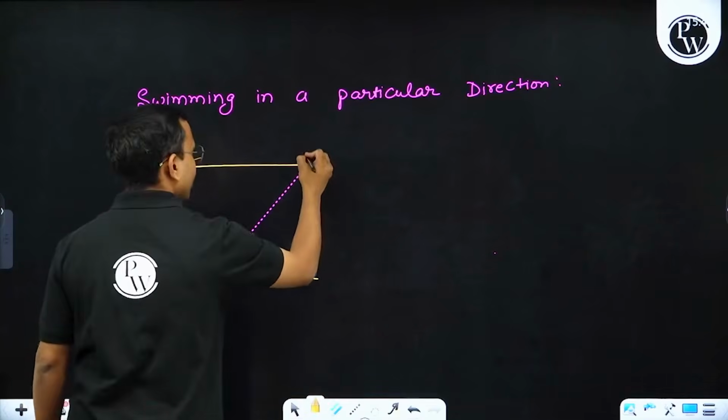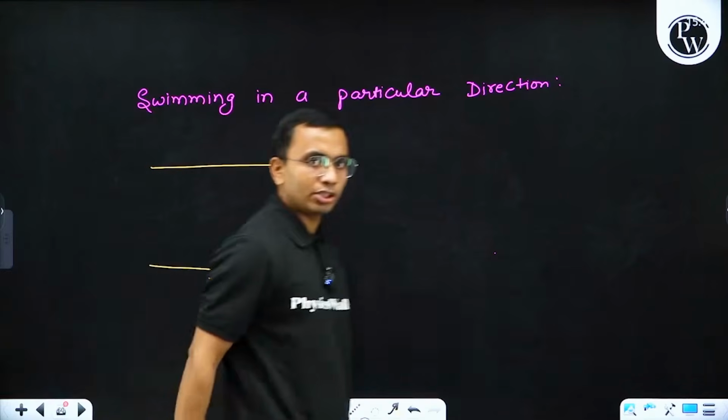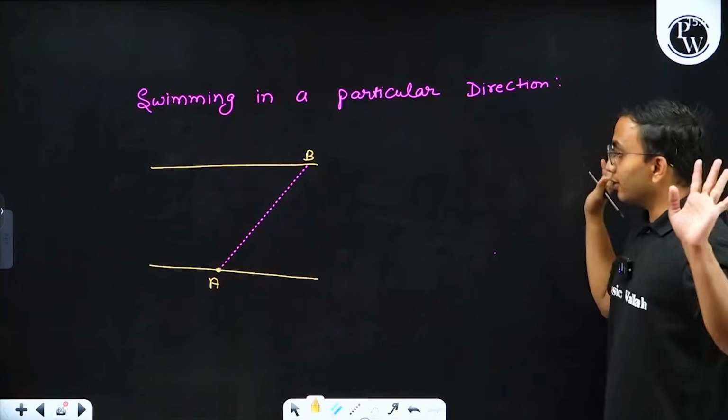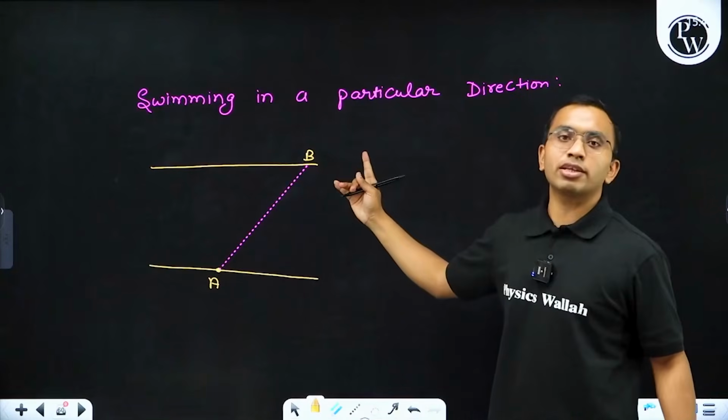This is B, this is A. Now he will ask you in which direction he should swim. Now the only thing is, I'll say he should swim in such a direction that the resultant velocity comes in this direction.